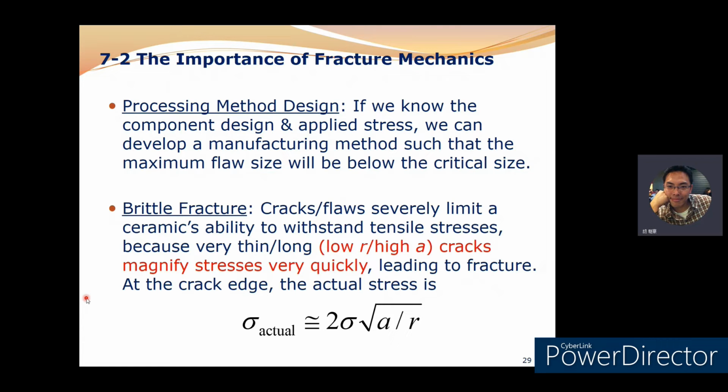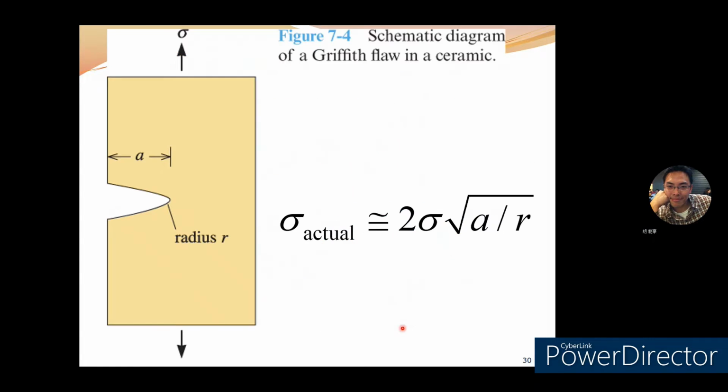The actual stress at the crack tip is about 2 times the applied stress times the square root of the ratio of the crack size to the tip radius. So we can realize that the real stress located at the crack tip is about this, depending on Griffith's crack law.